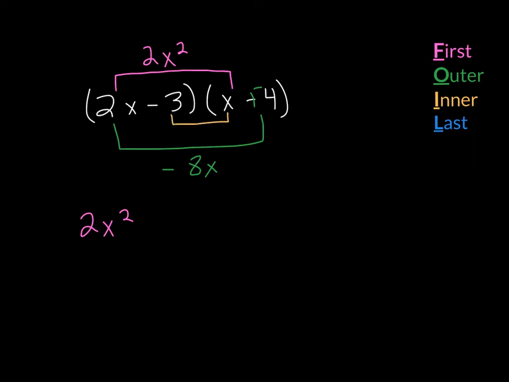And then the inner, also look at that as plus -3. So -3x. And the last, -3 times -4 is a positive 12.